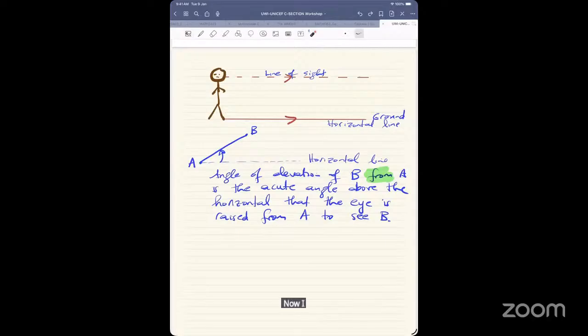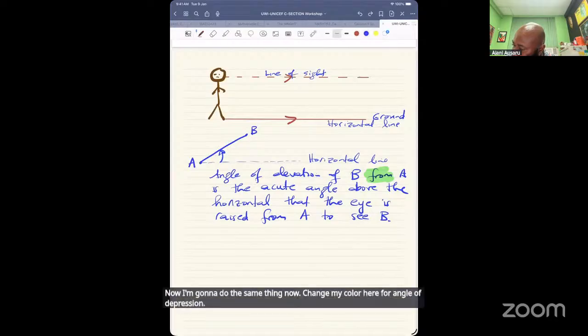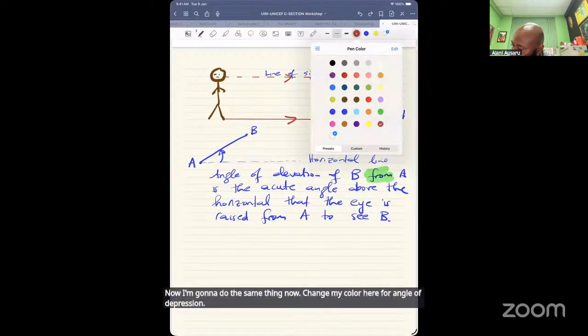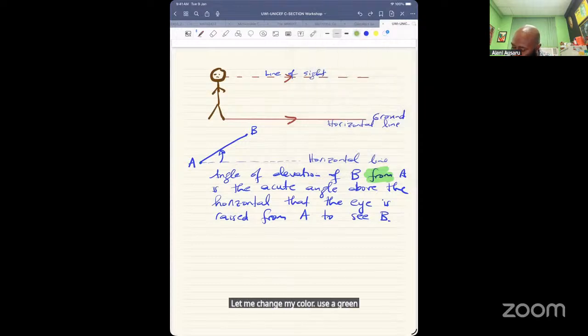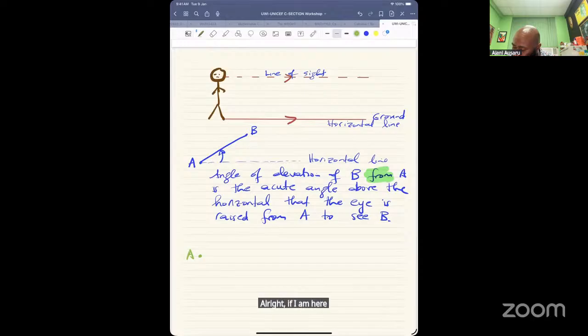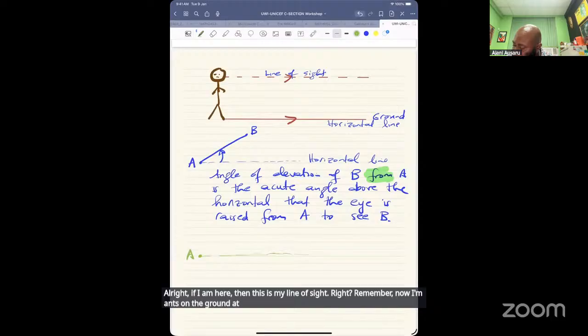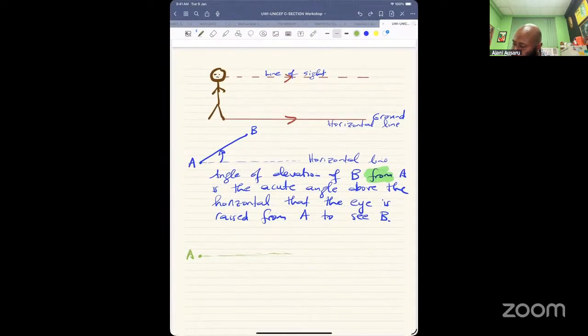Now I'm going to do the same thing for angle of depression. Let me change my color. I'll use a green here. So again, I am right here. I'm going to call that A still. If I am here, then this is my line of sight, right? Remember now I'm ants on the ground at A. I'm a little ant, so I am right on the ground.